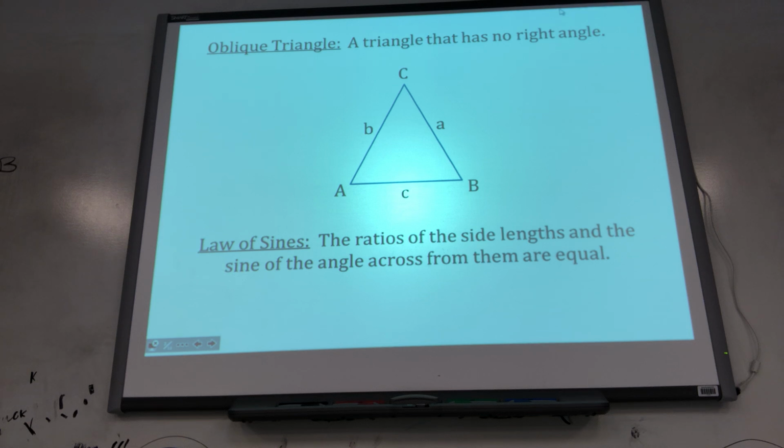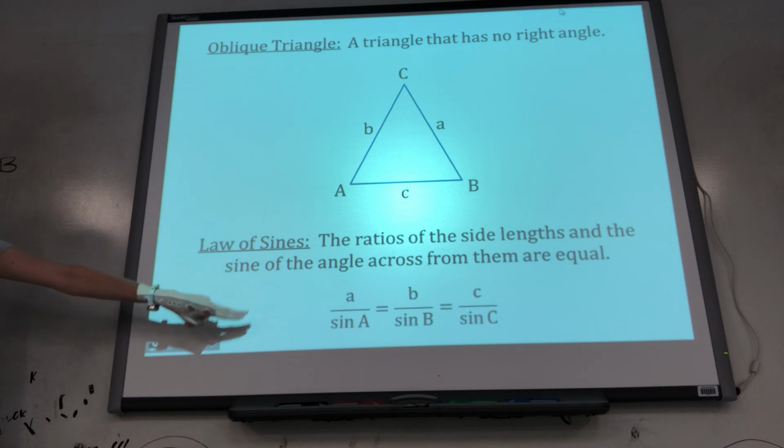Now that's nice, but what I really want for my problems today is some kind of a formula to go off of. So here's what this looks like as a formula, and I'm also going to put this on the side because, again, it's going to be really important today.